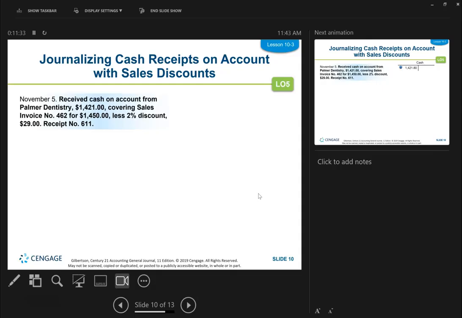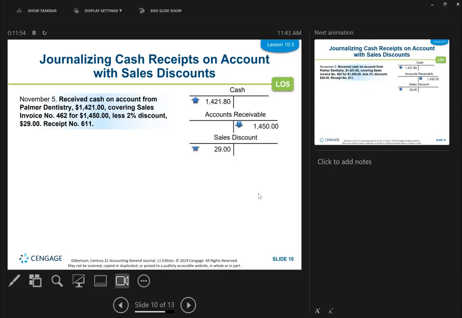For $1,450, less the 2% discount of $29, and we recorded that on receipt number 611. So we got this much cash coming in. This much debt got paid off because of this sales discount.